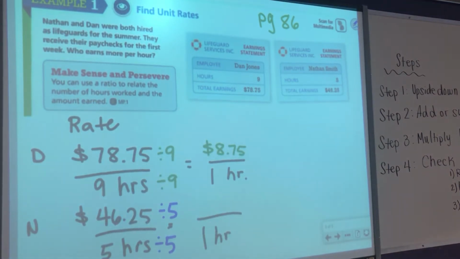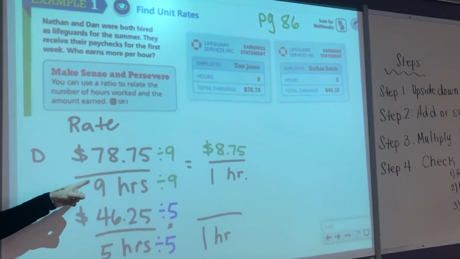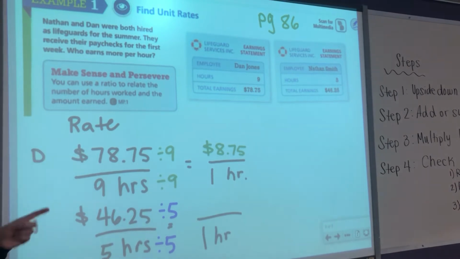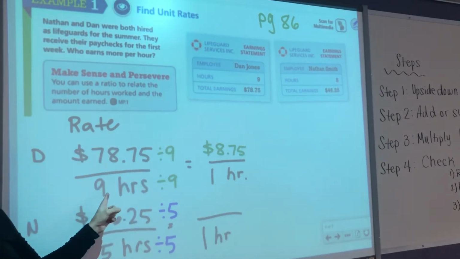$9.25. Okay? So even before I did any math, I knew that Nathan made more than Dan. The reason is because 9 goes into 78 only 8 times, yeah, because 9 would go into 81 9 times.